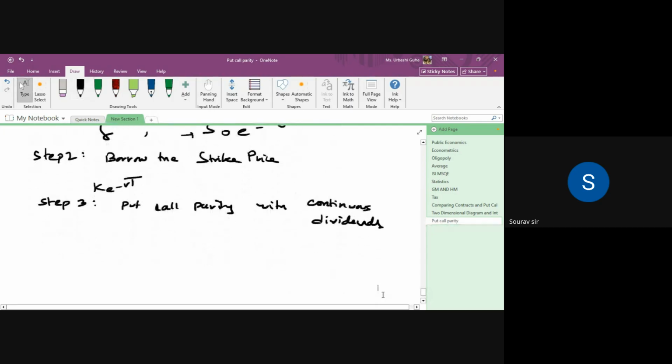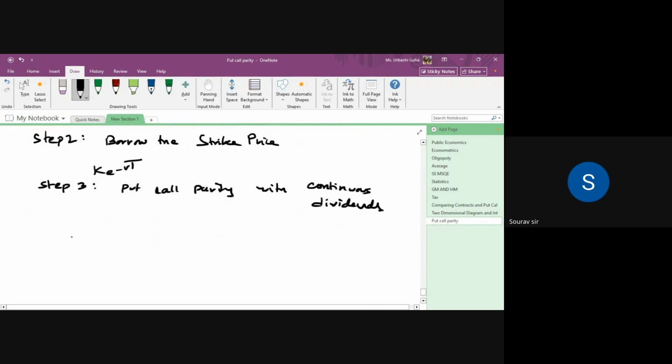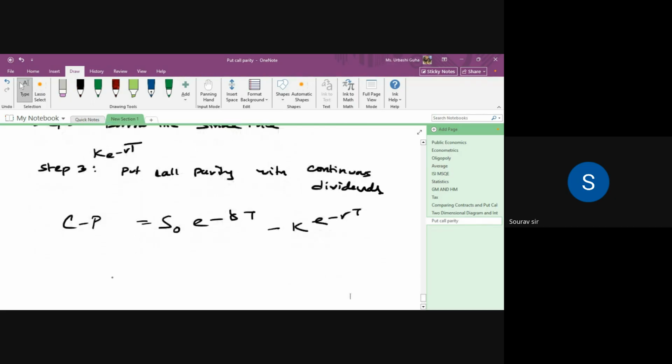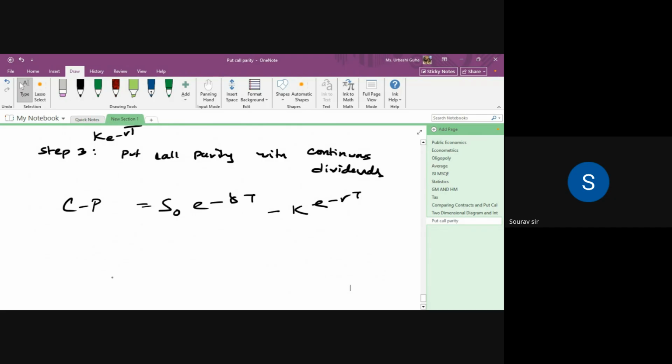The adjusted put call parity equation becomes C minus P equals S0 e to the power minus qT minus K e to the power minus rT. So continuous dividend reduces the call option value. Next, we are having a sum. Let's do the sum.